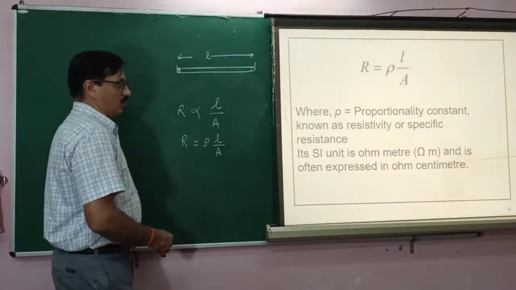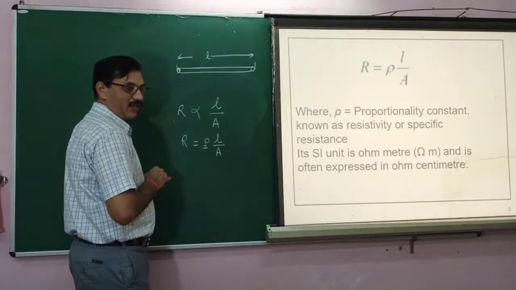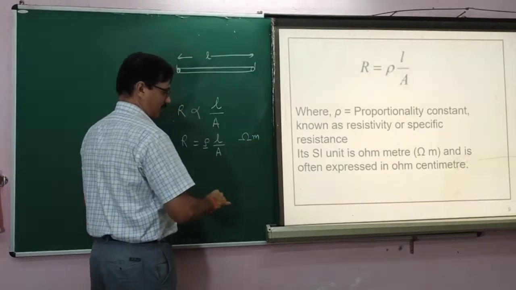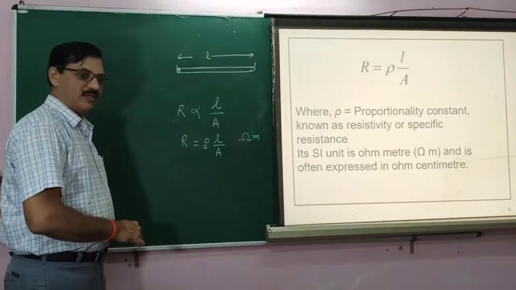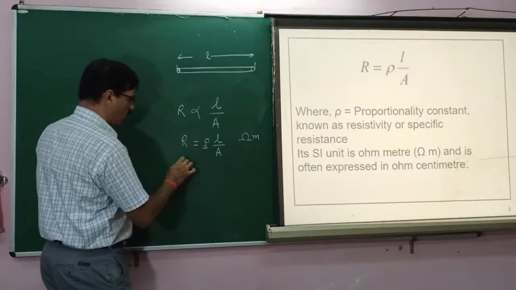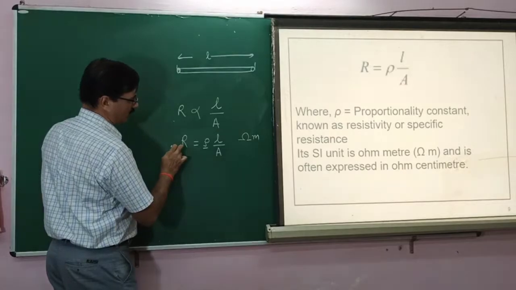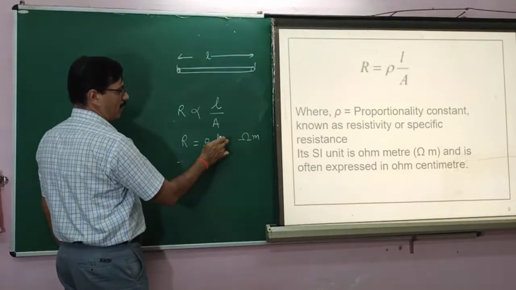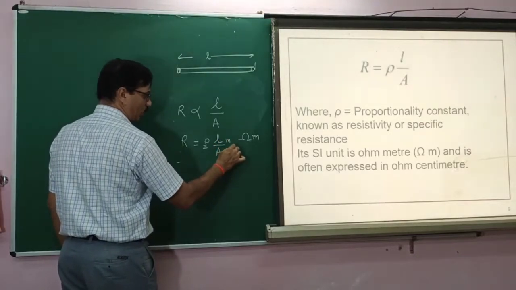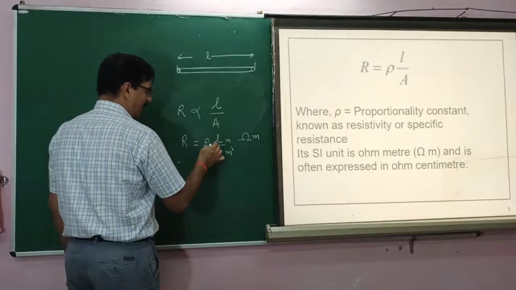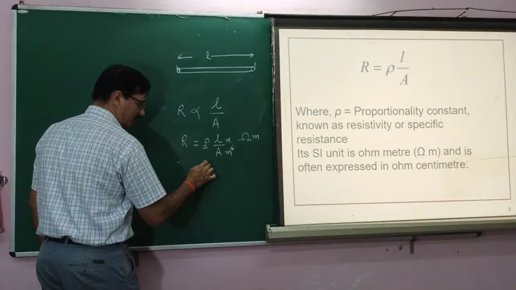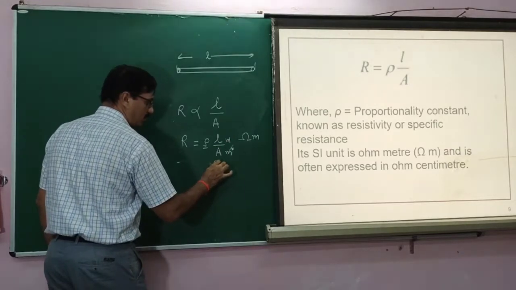Now, this has the unit ohm meter. Resistance has the unit ohm, L is in meter and A is in meter square, so meter square by meter gives meter, therefore rho is in ohm meter.